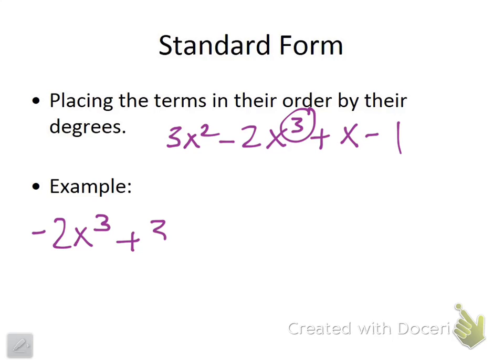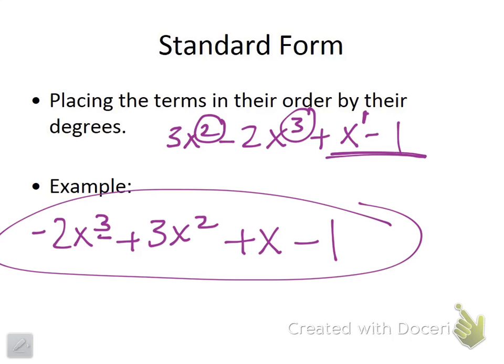Then we're going to do plus 3x squared because that's the next biggest. Okay, and then we still have these two left, so plus x because that's the same thing as to the 1, and then minus 1. Okay, so we go 3, 2, 1, and then we just do our number at the end. So you have to write from the highest degree to the lowest degree.